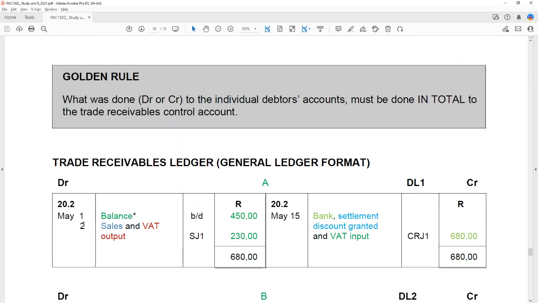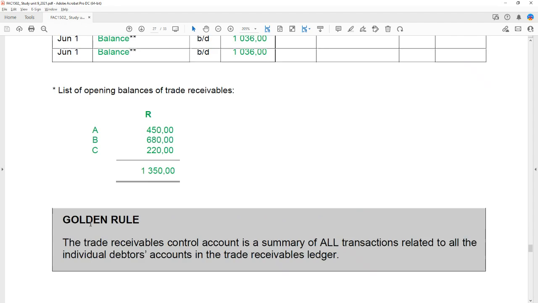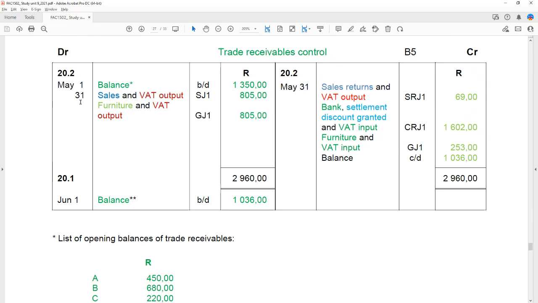So therefore, it's the 2nd, whereas in the control account, it was at the end of the month. So that's why our opening balance is at the beginning of the month, and our entries are at the end of the month because it's the totals. And the totals you can only get at the end of the month.